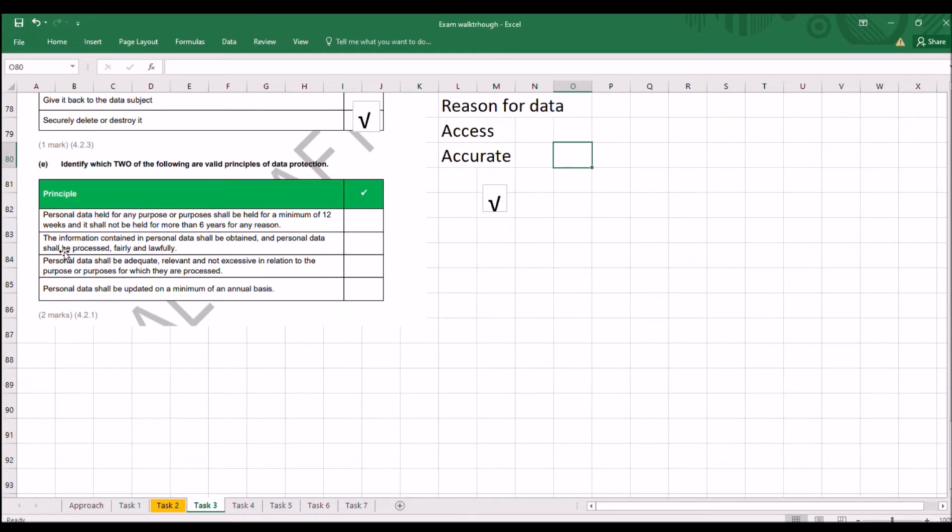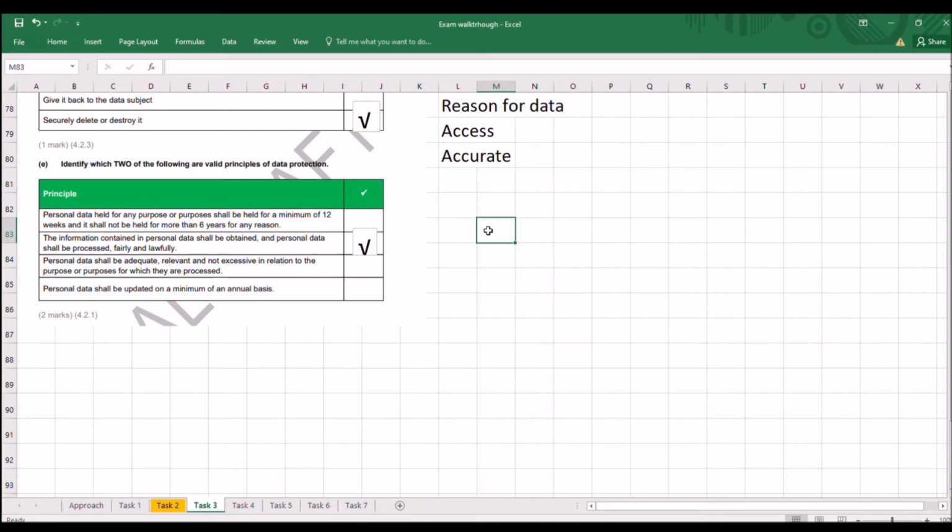Then, personal data shall be obtained and processed fairly and lawfully. Well, that definitely is one. You can only obtain your data fairly, and you can only process it lawfully. So you can't go onto Facebook, analyze lots of people's personal data and process it to work out which way they're going to vote.